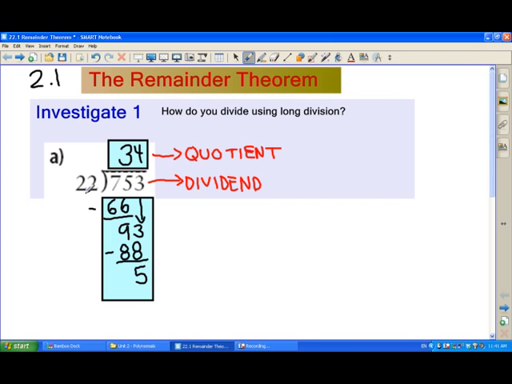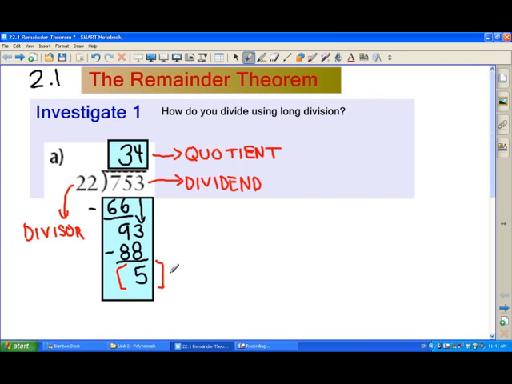Promise my writing will get better. And the number 22 is called the divisor. And then the last bit of this question is what's left over. And that's really what we're going to be focusing on today.